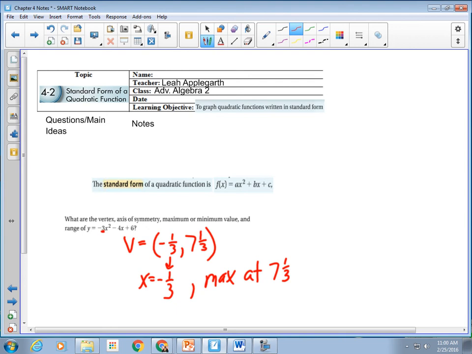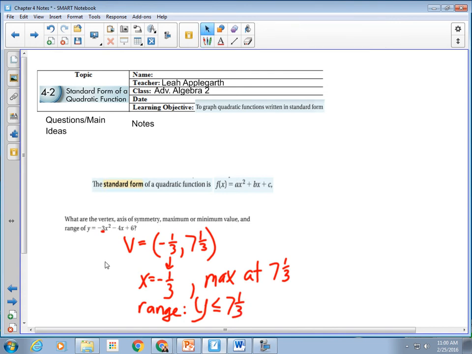Then we need to find the range. The range of this function is all y values less than or equal to 7 1/3. And that's how you use your graphing utility to find the vertex, axis of symmetry, max or min, and the range.